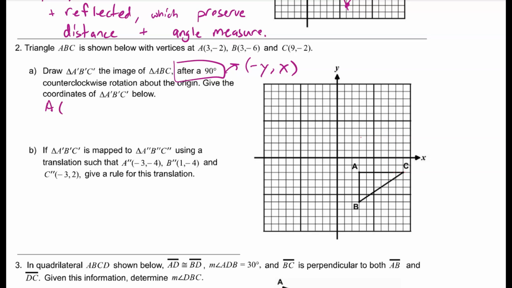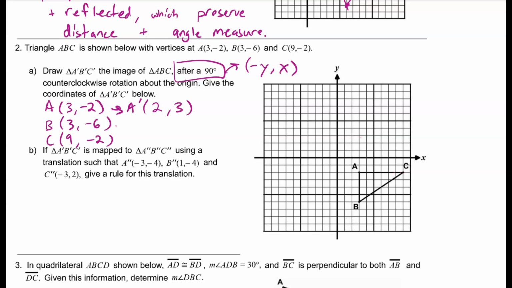So again, if I'm rotating and I have a rule to apply, I could turn my paper 90 degrees, but just to make sure, I'm going to apply that bump switch rule that we've been talking about in class. So to find A', I'm going to bump the -2 to the front, but I'm negating the y. That doesn't mean to make it negative, that just means to change the sign. So if I already have a -2, that's going to be +2.